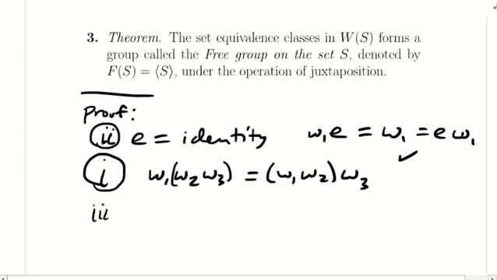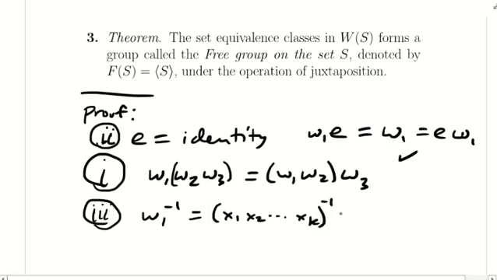Last one, inverses. So if W1 is x1, x2, up to xk, then by the shirt and pants principle, or whatever we called it, shoes and socks principle, take them in reverse order with inverses and you get the inverse.